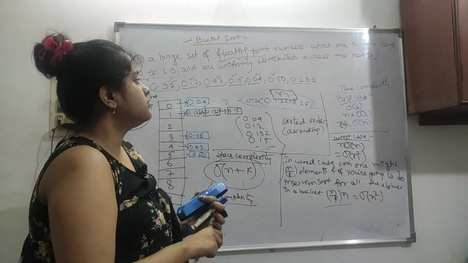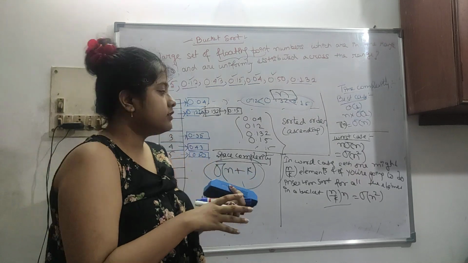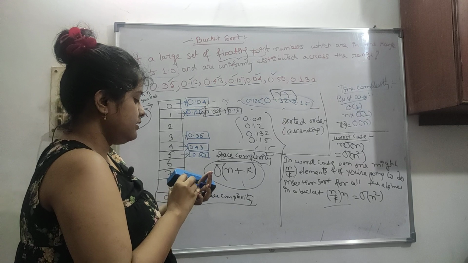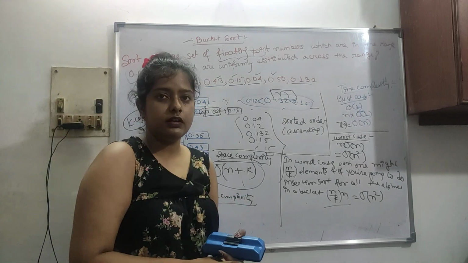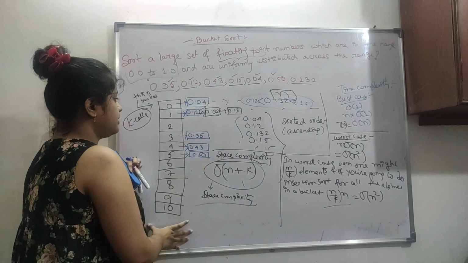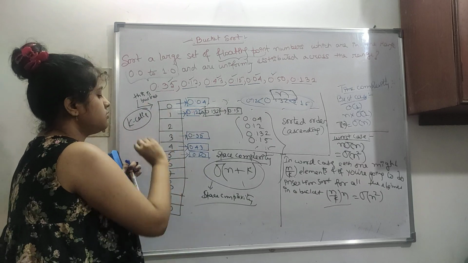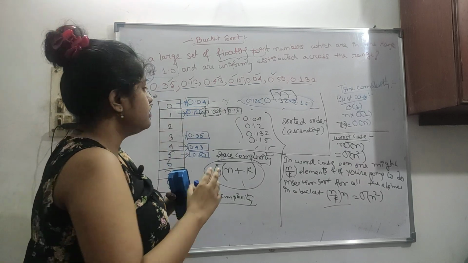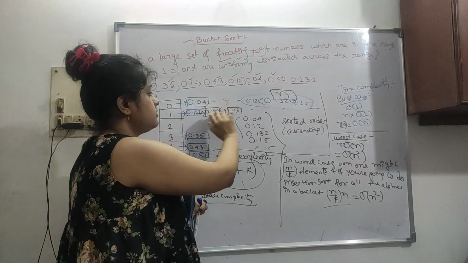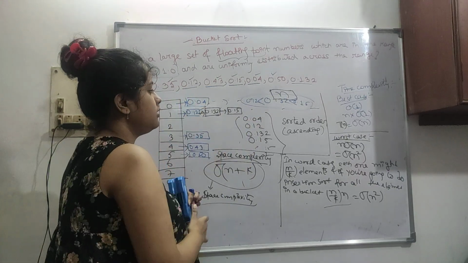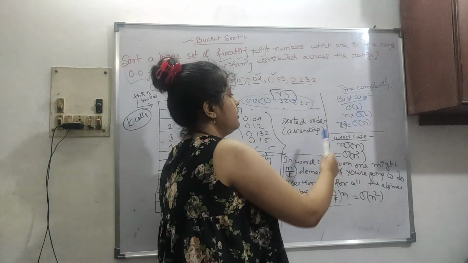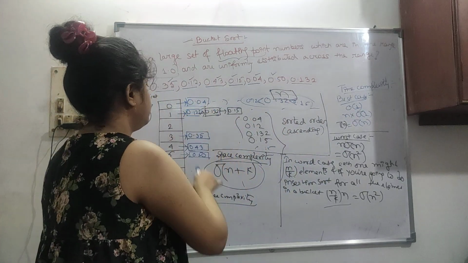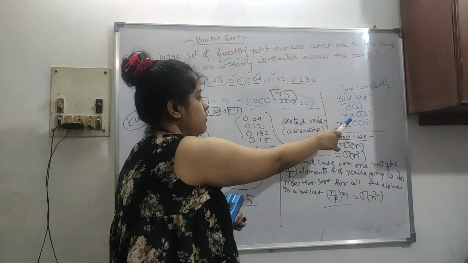I hope you have understood this. This is basically it. In bucket sort, we take some unsorted floating point numbers. Then we take a bucket which has k cells, or here 0 to 10 cells, and we sort in this order. In the best case, everything can be placed in the first position for n elements, taking order of n.